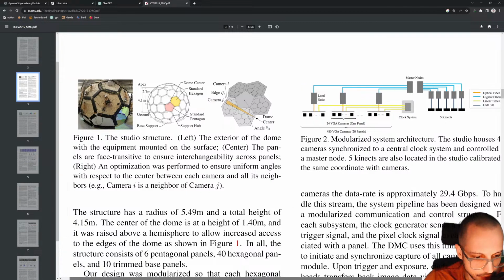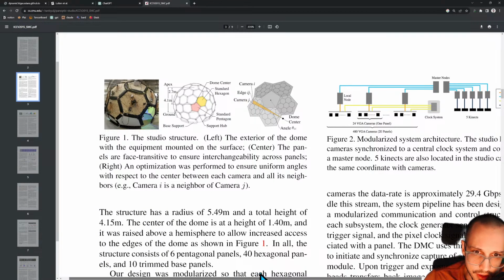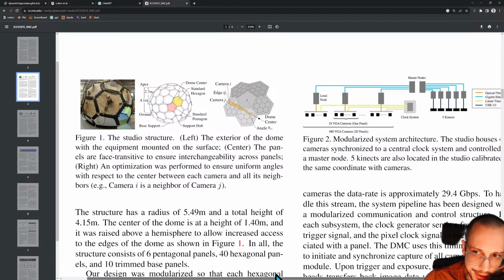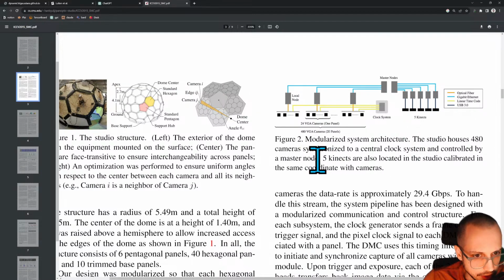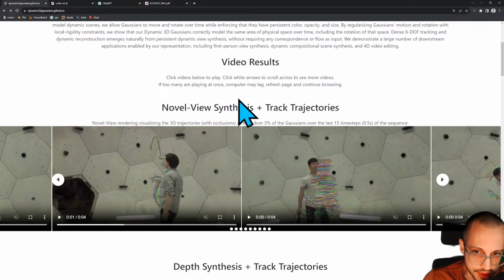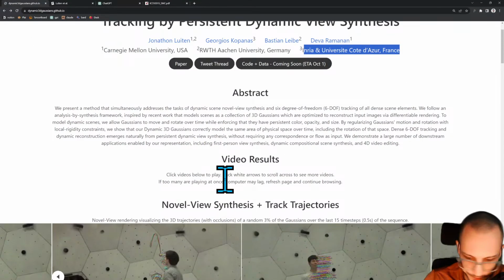And obviously you don't have one of these things at home, but you know, they're pretty good. 5 Kinects. Kinects are structured light cameras that used to come with an Xbox, and they became very popular in robotics because they actually work quite well. So Kinects give you explicit depth in the form of point clouds, but they're not going to be using that for this work.